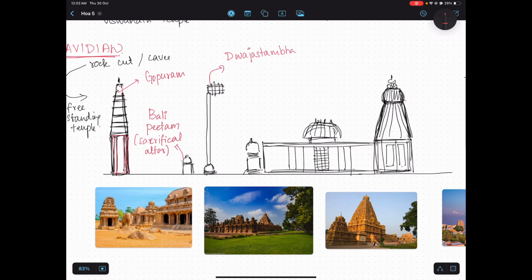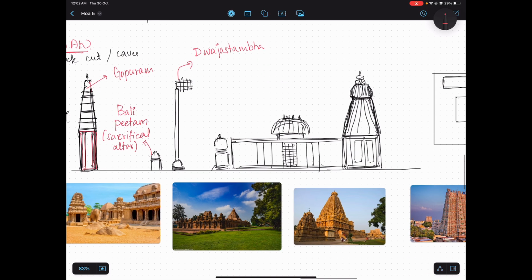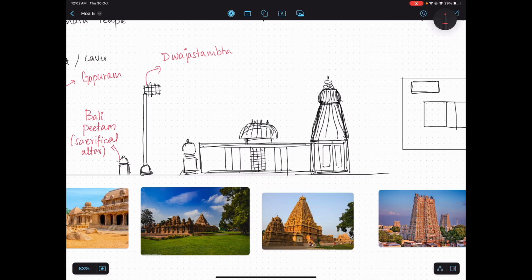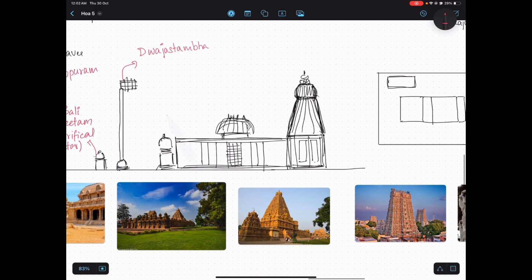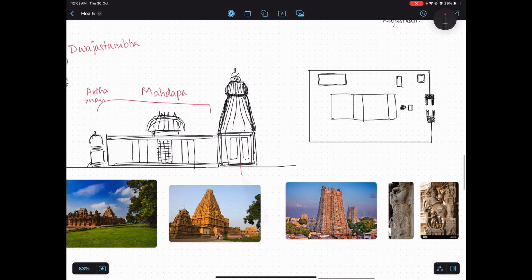And then you enter, you have your Mandapa, Artha Mandapa, Antrala, and everything. So this is all your Artha Mandapa. I'll talk about that later. Let's just call this Mandapa now. Then this is your Garbhagriha.